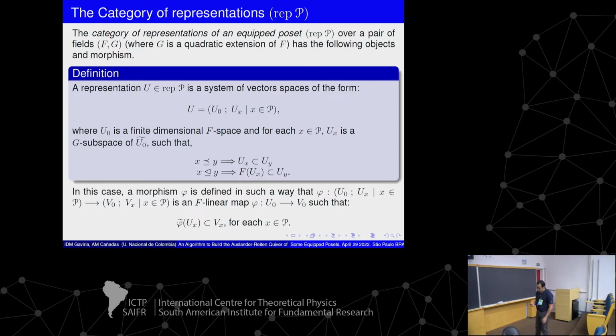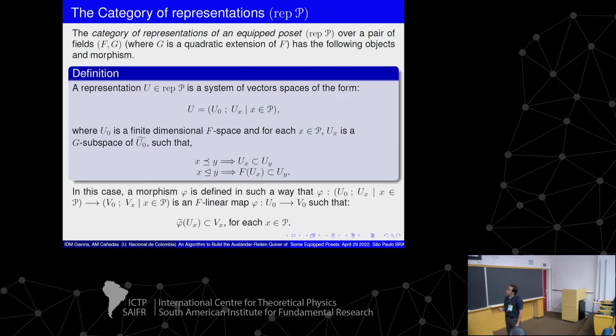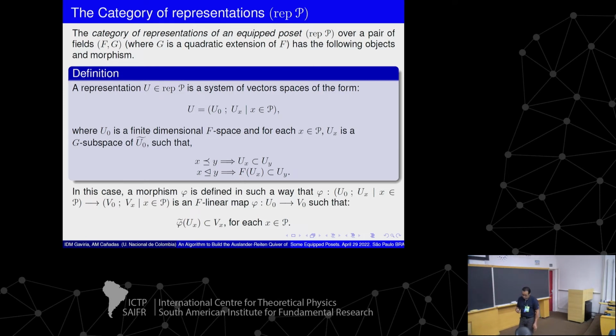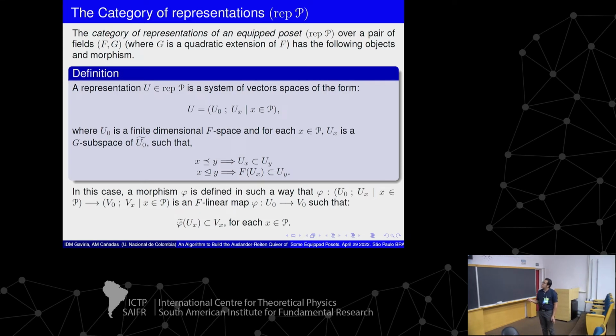A morphism in this category: if you have two representations, U and V, a morphism is an F-linear map between these vector spaces, and this morphism satisfies this condition here. This is the natural complexification of the linear transformation.